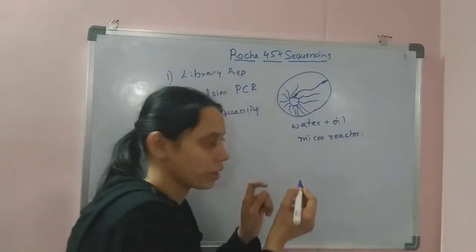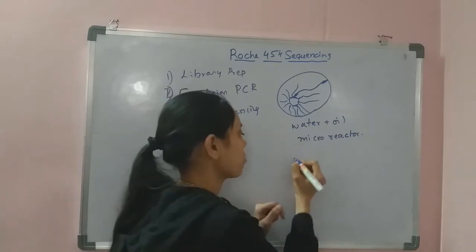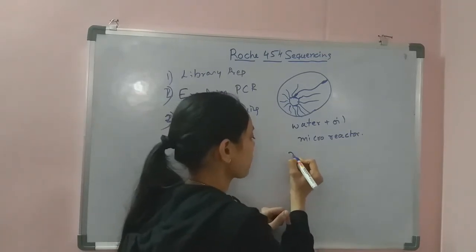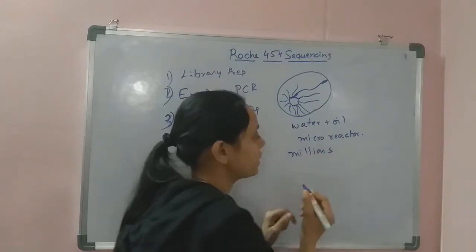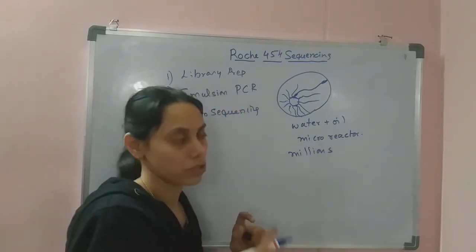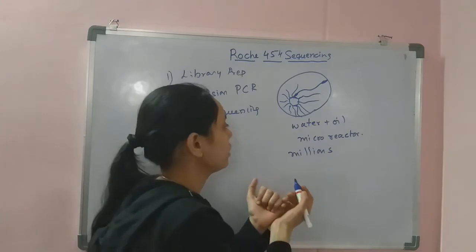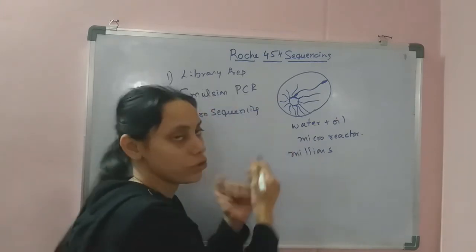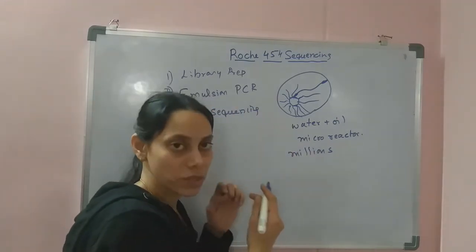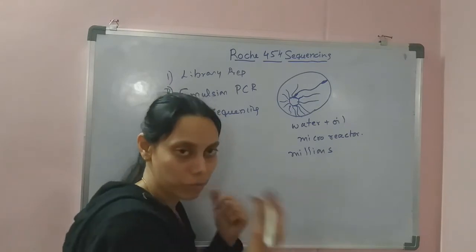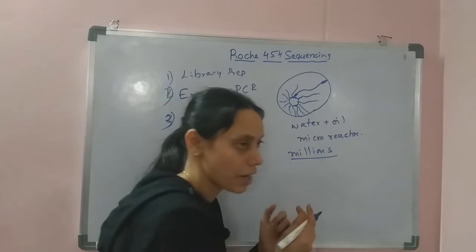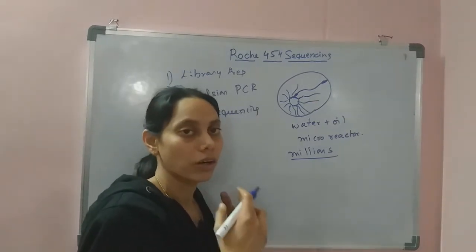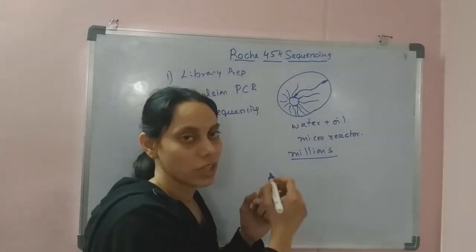So in a single bead there may be a chance of producing up to a million copies of the DNA from a single template. Likewise, with the help of emulsion PCR, by the end of this PCR amplification, we are going to have a million copies of single-stranded fragments from each template.